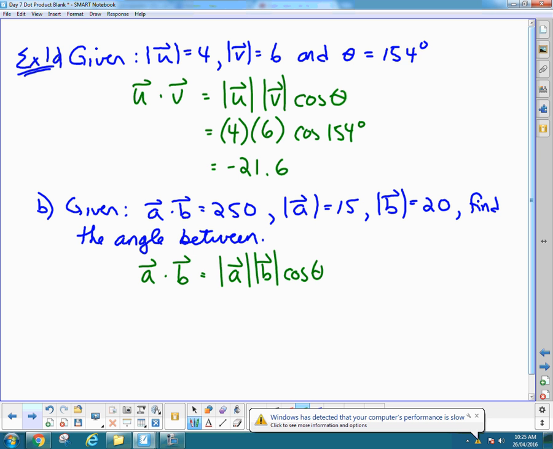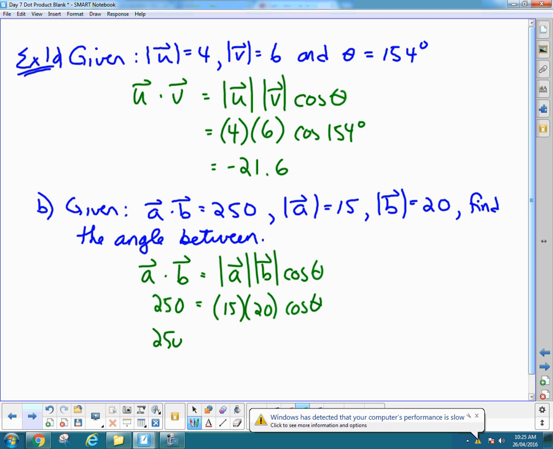Fill in my knowns and unknowns. In this case, A dot B is 250, A is 15, B is 20. All I'll need to do is rearrange and solve for theta.